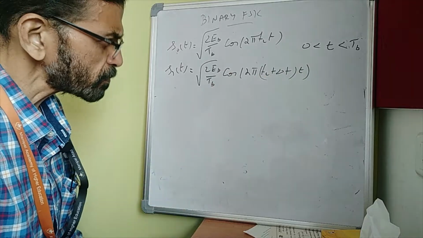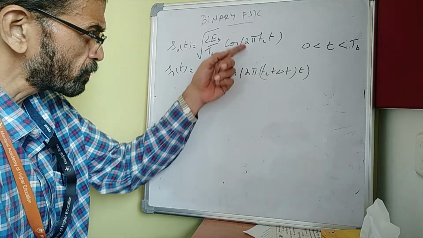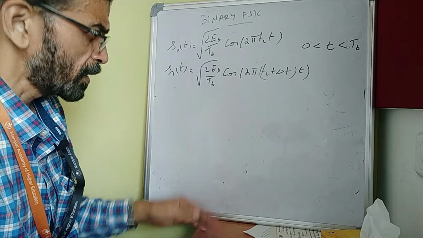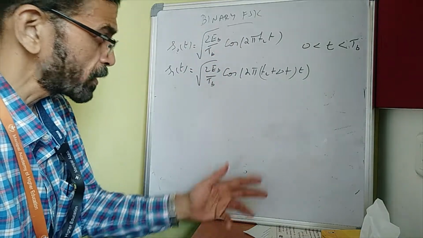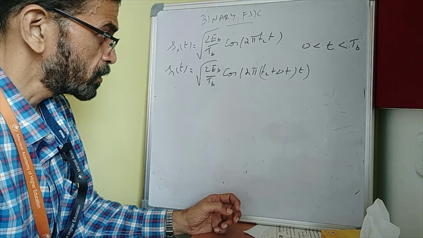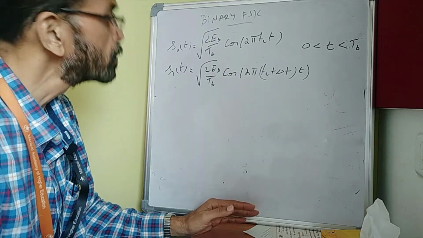Delta F is the frequency deviation. This is the one which differentiates between the two signals, and one of these signals stands for one of the binary digits, that is a bit, and the other one for the other bit.